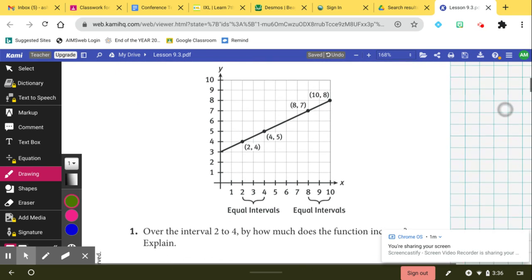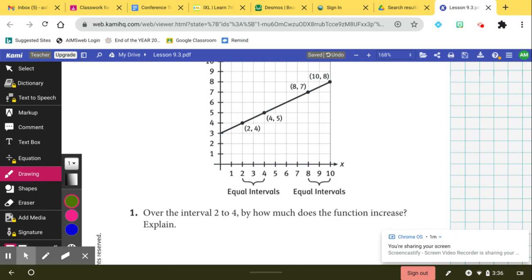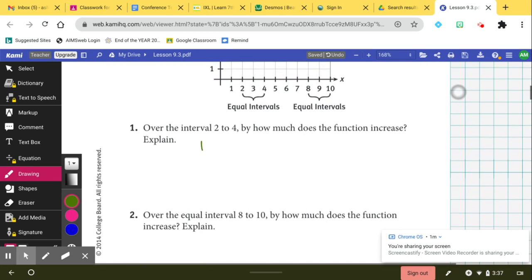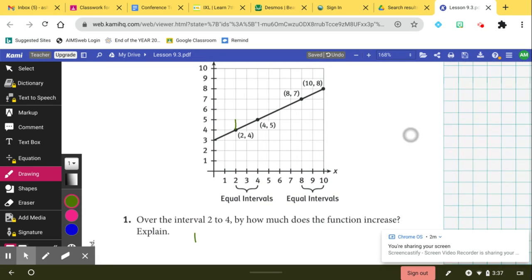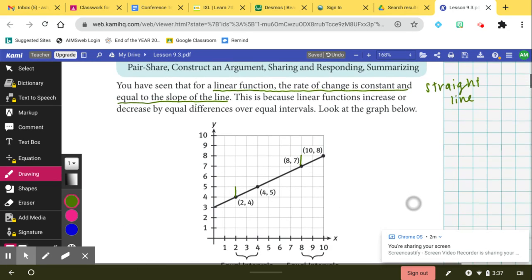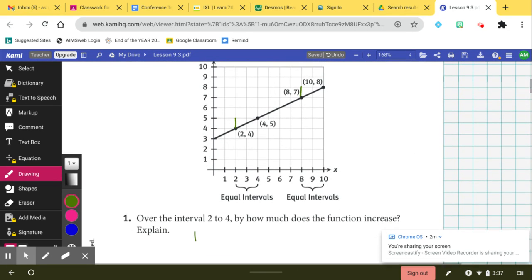It says, look at the graph below. Over the interval when x is 2 to 4, how much does the function increase by? Well, we go up 1 between those, so an increase of 1. Then it says, over the interval 8 to 10, how much does the function increase by? Well, again, up 1. So what we have are equal differences over equal intervals.